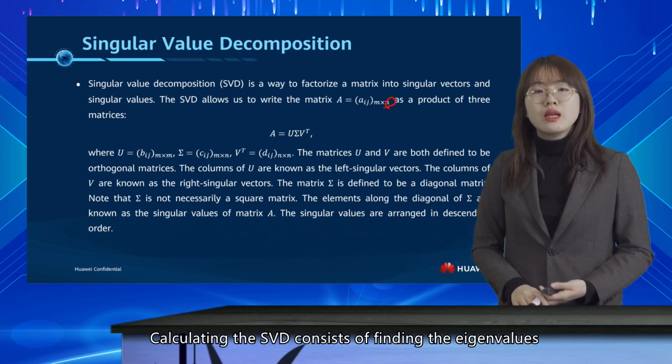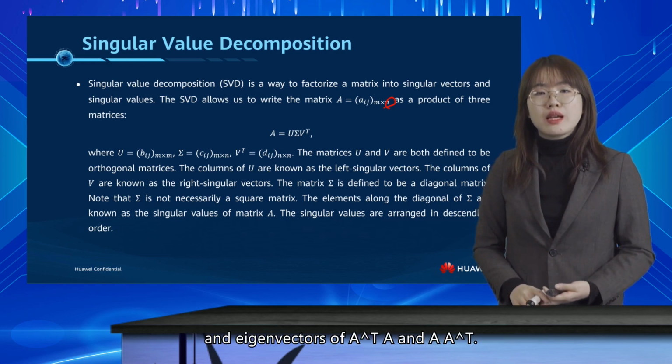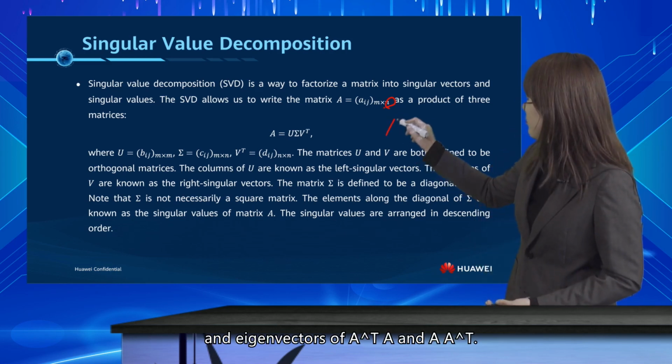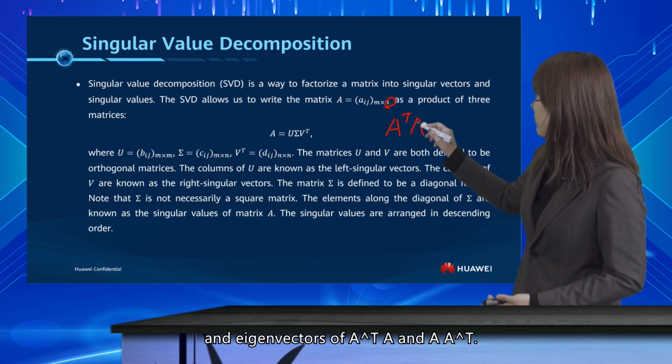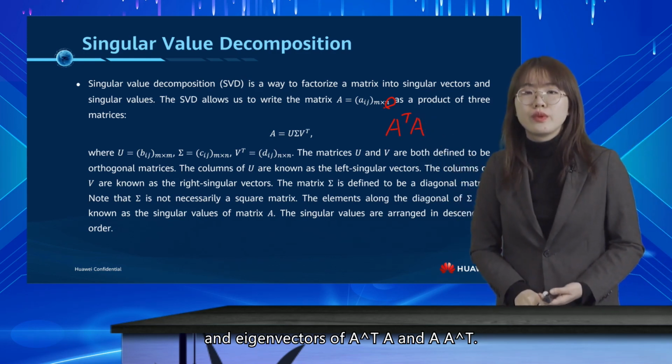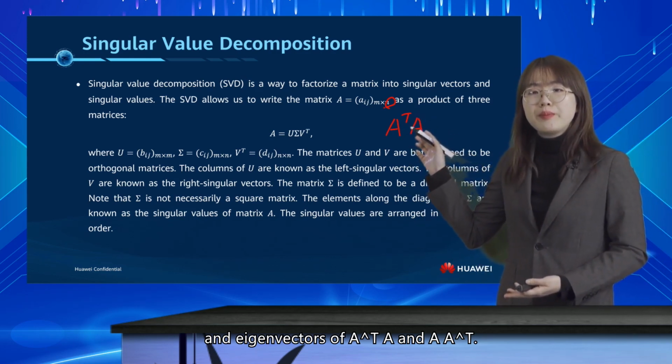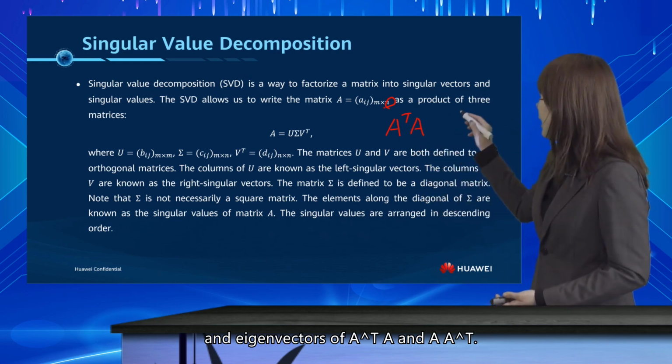Calculating the SVD consists of finding the eigenvalues and eigenvectors of A transpose A and A A transpose.